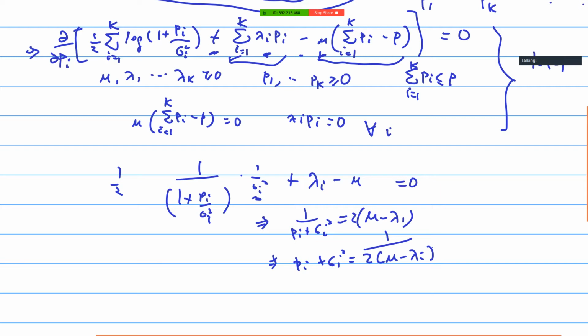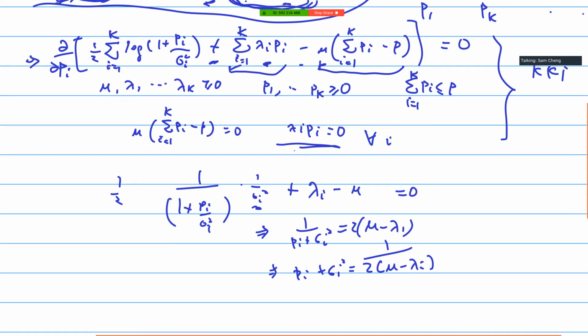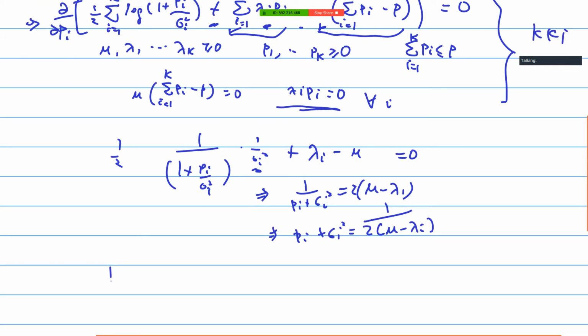Now since I have this complementary slackness condition here, lambda i pi is equal to 0, if pi is bigger than 0, for the band there, we're actually going to have positive power.